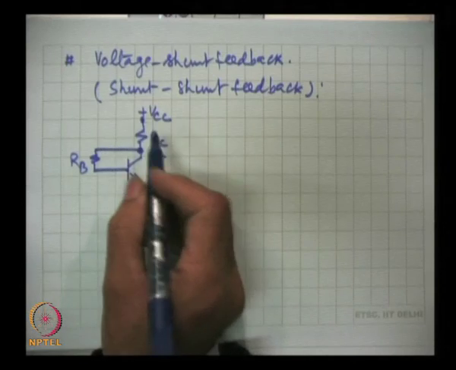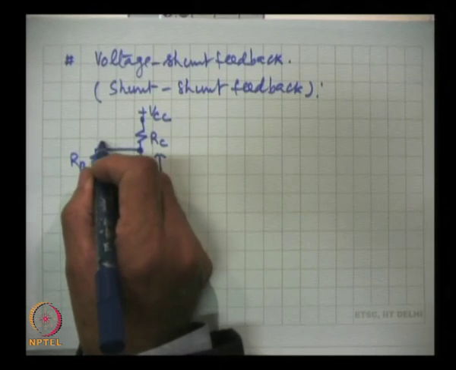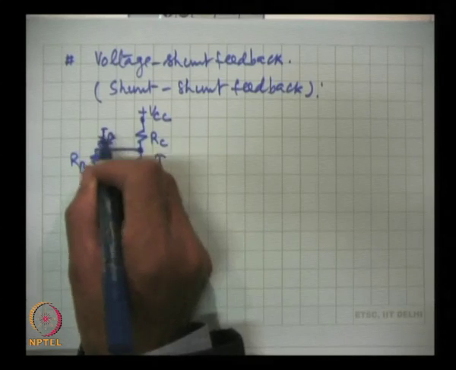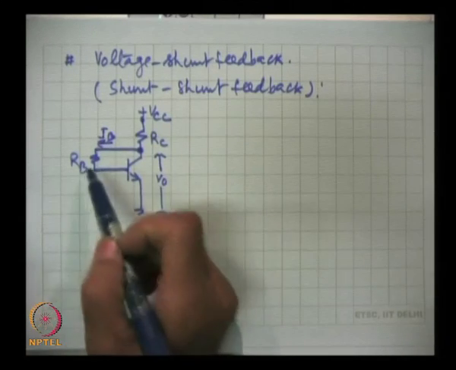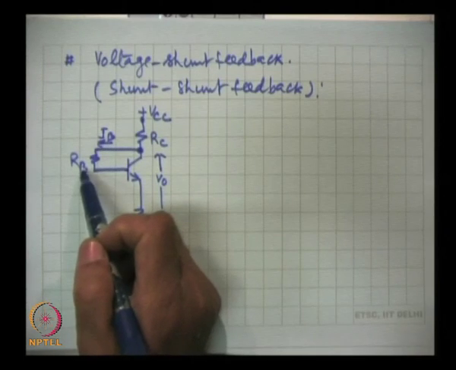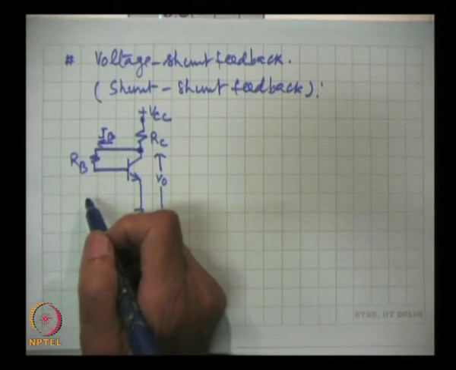I am sure you will recall this circuit. This is IB. Here the feedback is through this resistance RB.